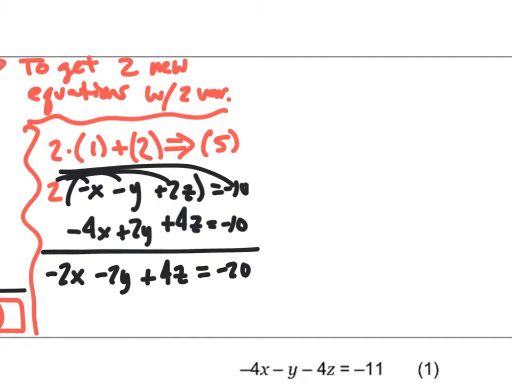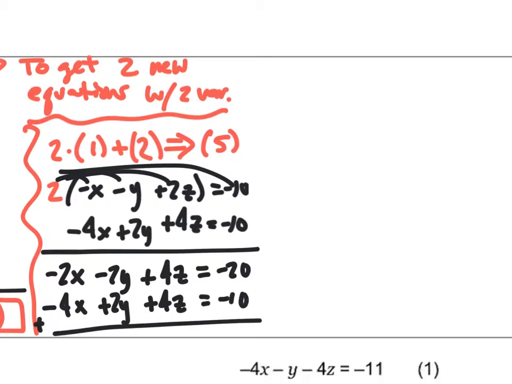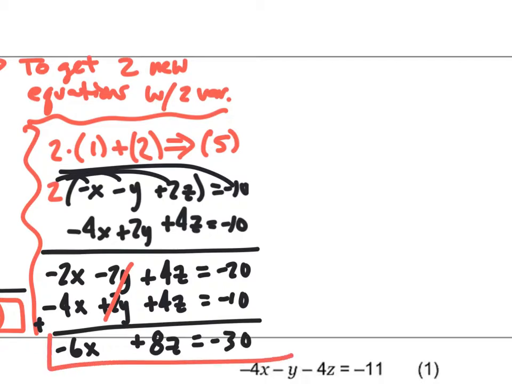And then I'm going to put negative 4x down here, plus 2y, plus 4z, and that's equal to negative 10. Now, when I add these together, I'm going to get negative 6x. The y's eliminate to 0. And then I get positive 8z, and that's going to equal negative 30. Okay, this is my fifth equation.